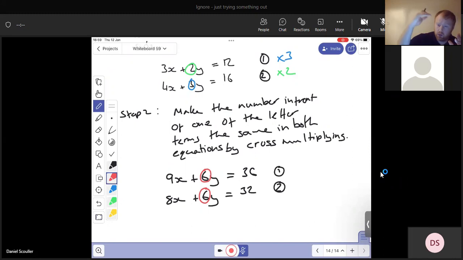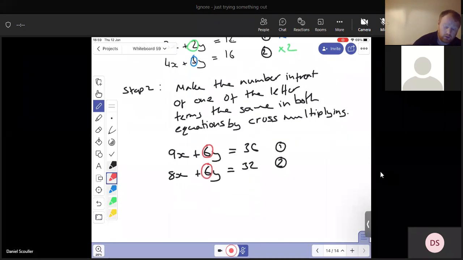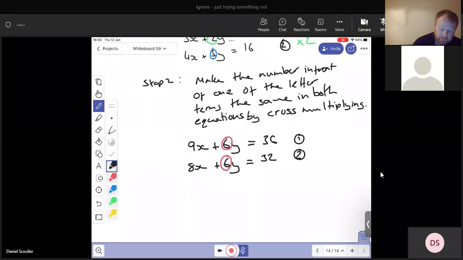So remember what we're wanting to do is eliminate one of the unknowns so we can solve for one. In this case, I'm solving for x by trying to eliminate y. So I'm eliminating those y's. And the way we do that, step 3, is we can add or subtract, and that becomes important later.